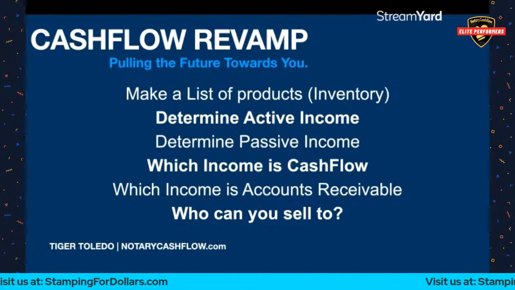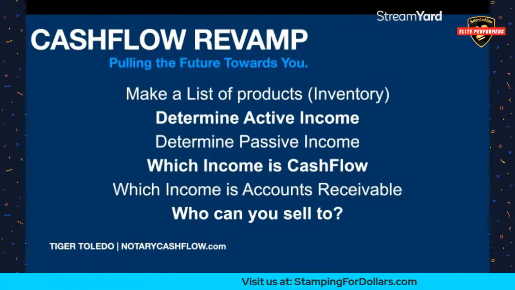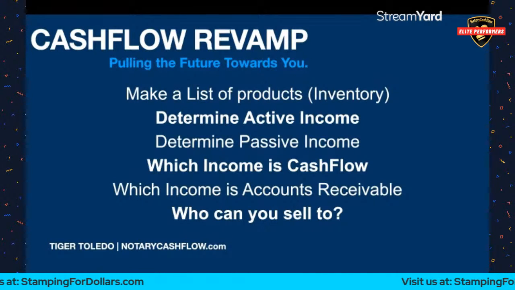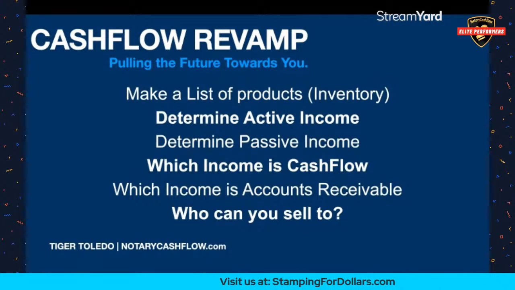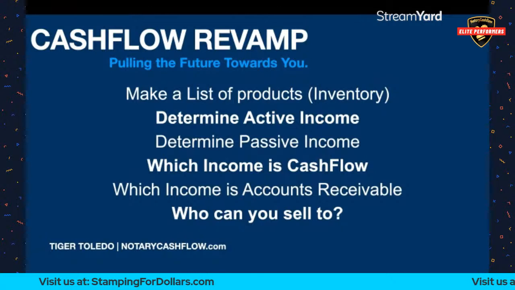So the first few things we need to do is make a list of our products, our inventory. Then we need to determine which are the active income in our life, even if you have a full-time job or a part-time job, that is active income. Calculate that because that is still cash flow coming in.